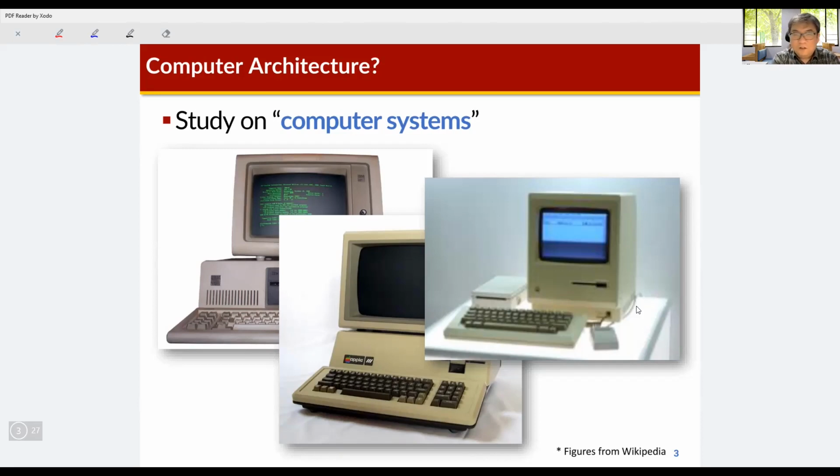So what is computer architecture? I believe the students taking this course are interested in computer architecture.